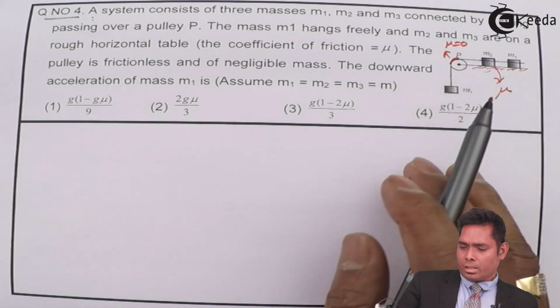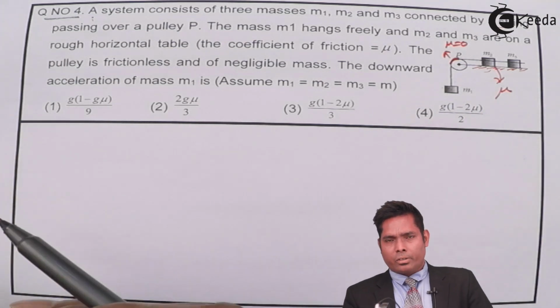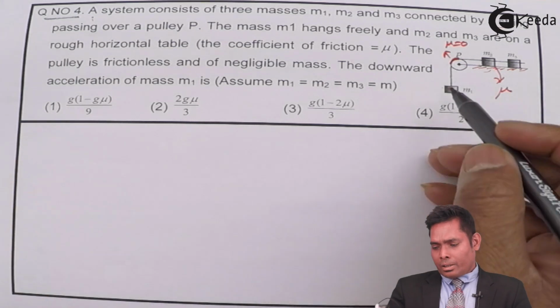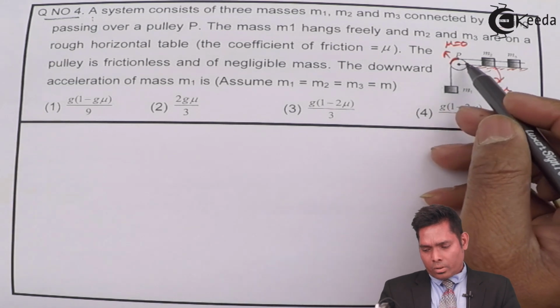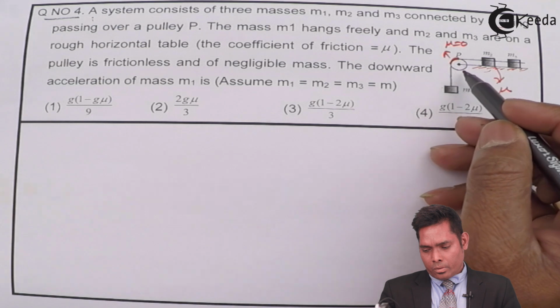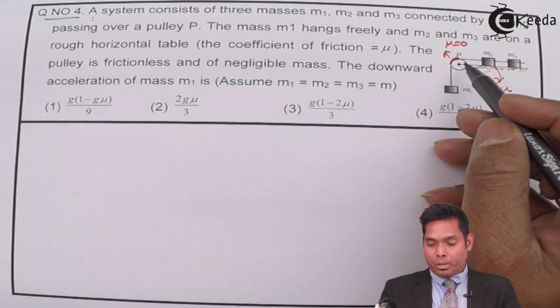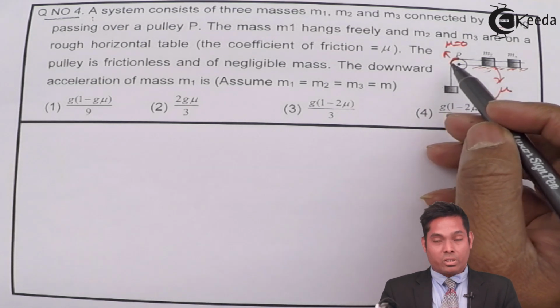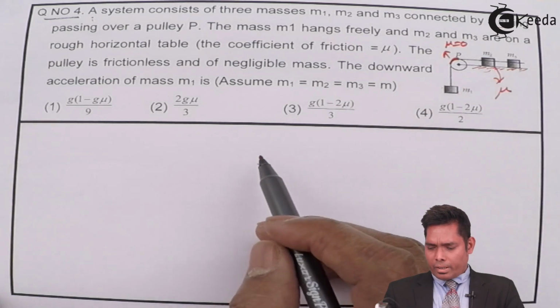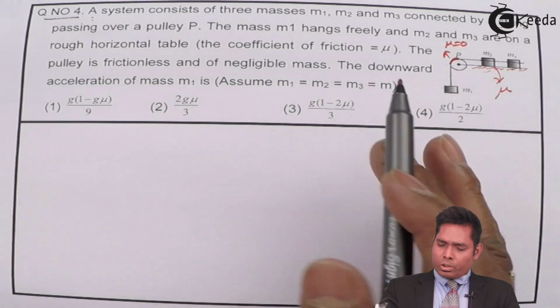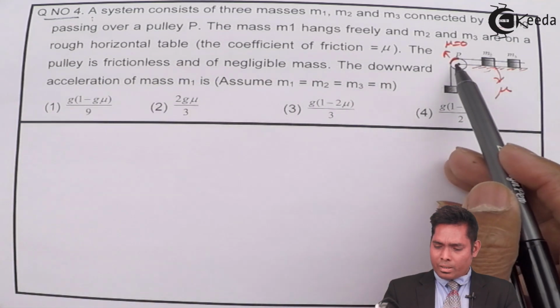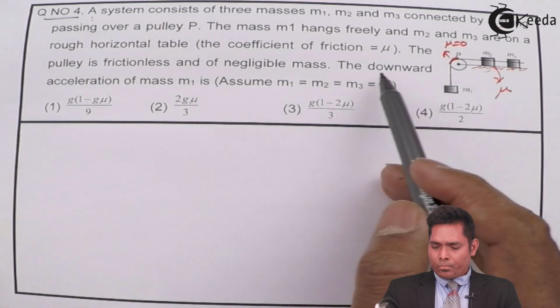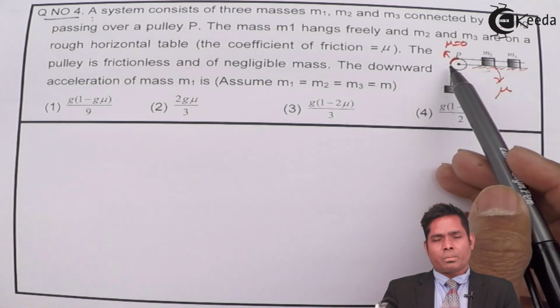In that case, it will be a little difficult question, but that is done in rotational motion, considering the moment of inertia of the pulley and the torque equation. But that is not required here. It's just a very simple plain question. The pulley is frictionless and massless, so you don't have to think much about the pulley.